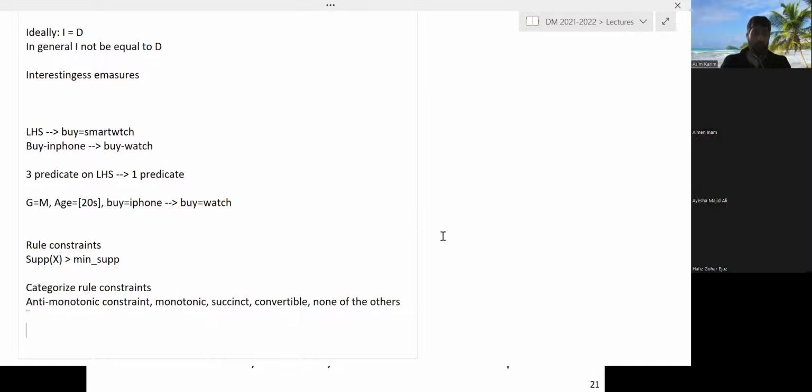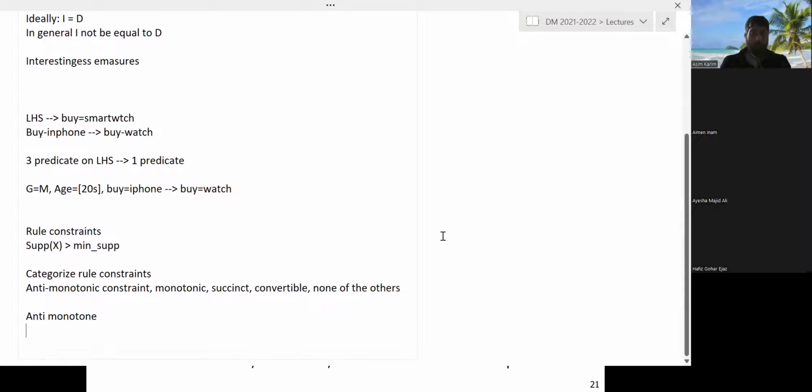Okay, so let's now first talk about anti-monotone. So the general definition for anti-monotone constraint is, so let's say we talk about a constraint C. C is a constraint, some rule constraint.